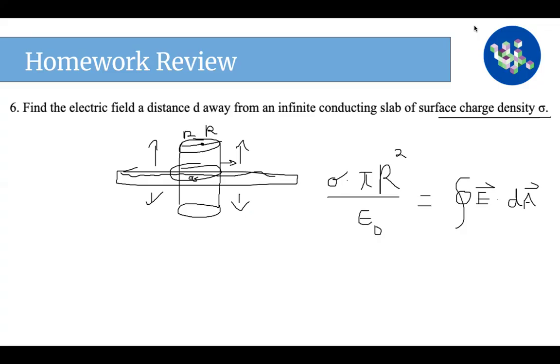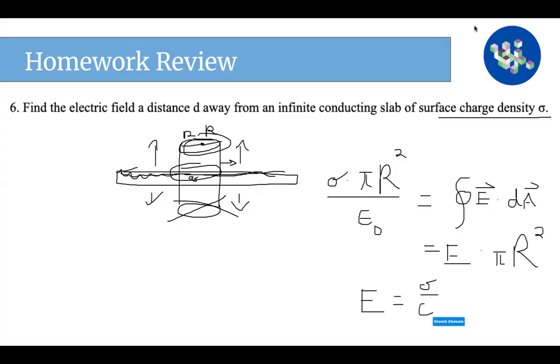Since the Q is concentrated here, there's no electric field below, so we can ignore this one also. All we have is E times this area, pi r squared, so you can solve to get E equals sigma over epsilon naught.